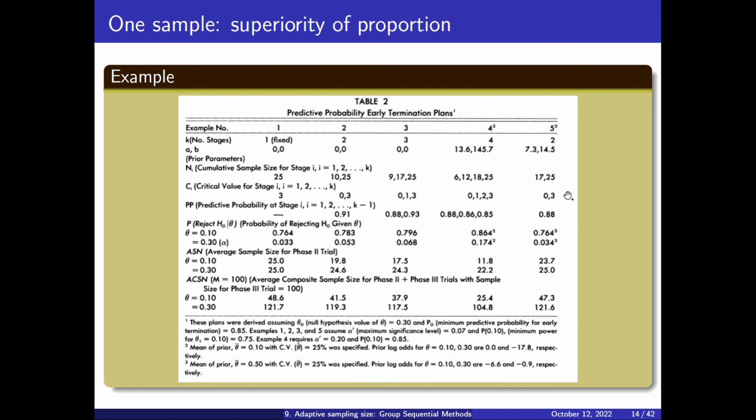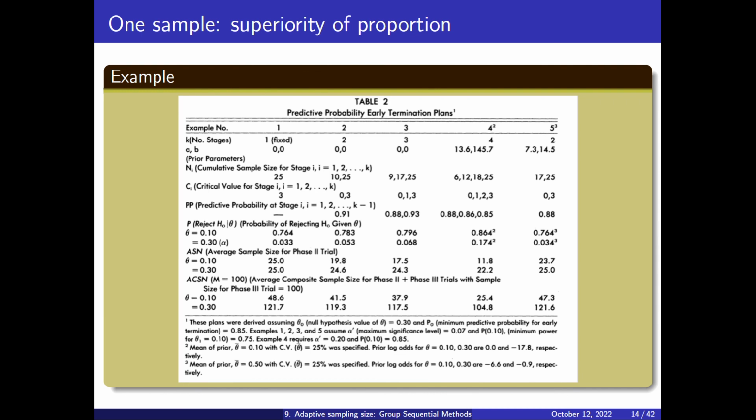Or we can divide them into 4 stages, for instance, 6, 12, 18 and 25, and then these are the critical values. So you can see that you can lower quite a lot the number of samples that you analyze, but it is true that the design is much more difficult, and the analysis is also more difficult.